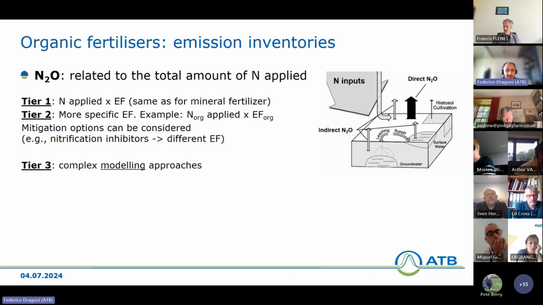It is still done in some countries, because collecting the so-called activity data of sufficient quality is a challenge, while other countries, usually the most advanced ones, adopt better approaches, usually tier 2 approaches, in which more specific emission factors are adopted. For instance, emission factors not just for nitrogen, no matter its quality, but for organic fertilizers or for specific country conditions and so on.